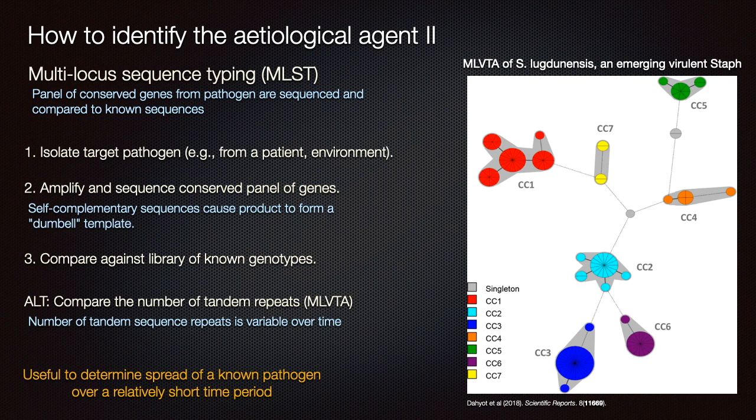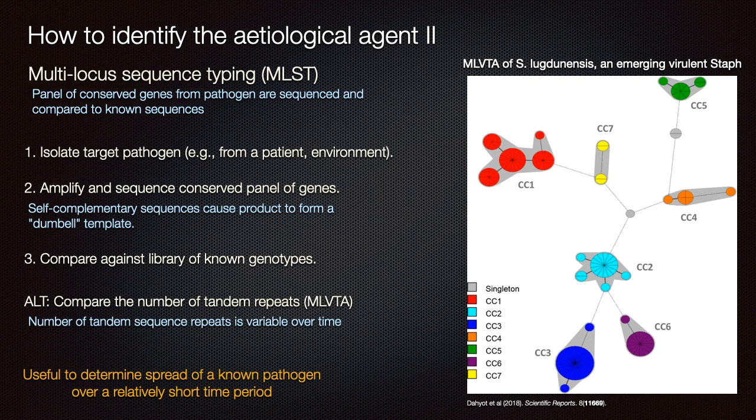There are several different flavors of MLST. One of the more common ones is called MLVTA, where we compare variable tandem repeats instead of conserved genes.